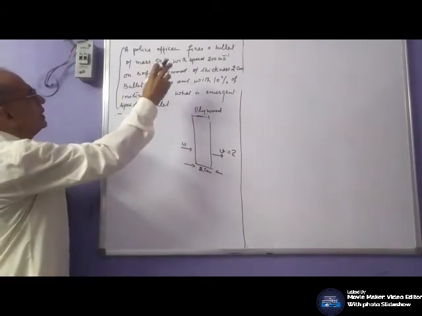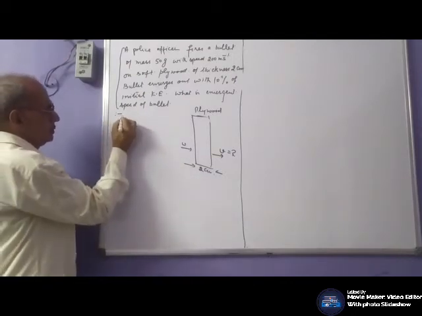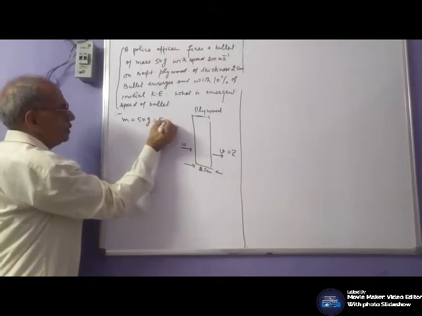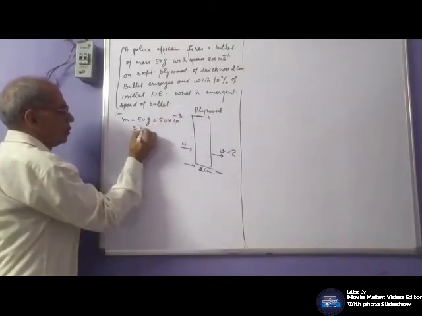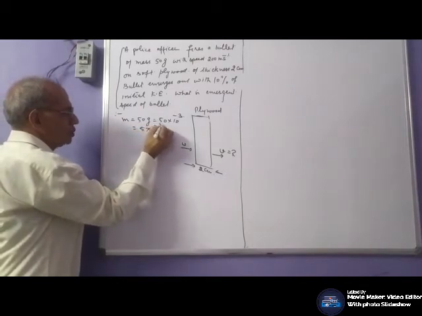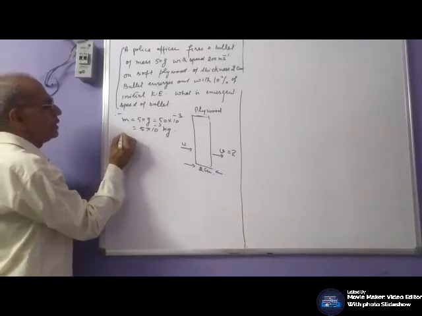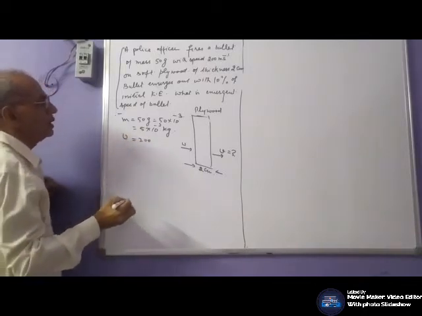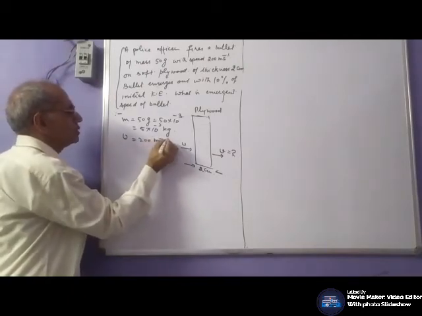What is given again? A police officer fires a bullet of mass 50 gram, that is 50 into 10 to the power minus 3, which is 5 into 10 to the power minus 2 kg, with initial speed u of 200 meter per second.